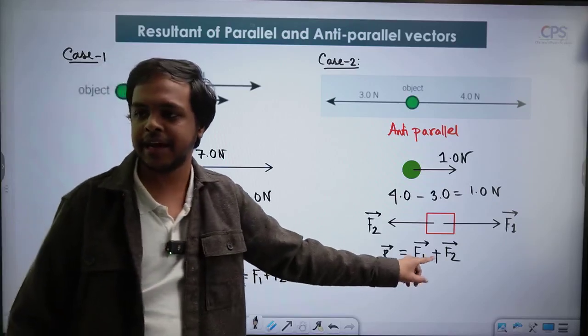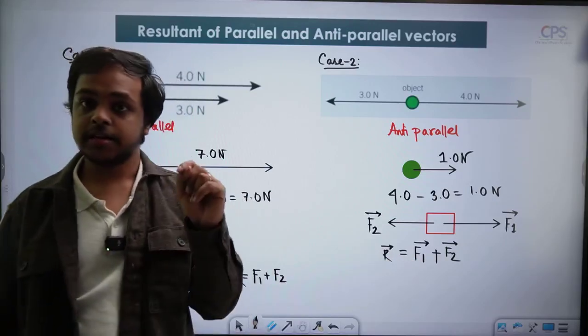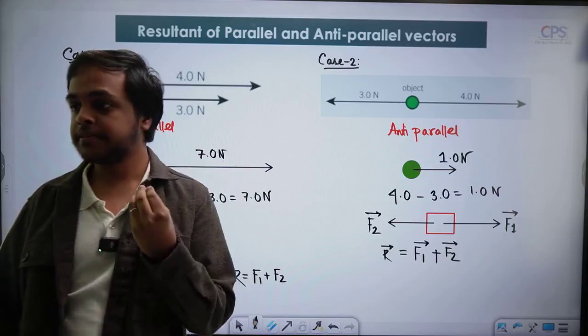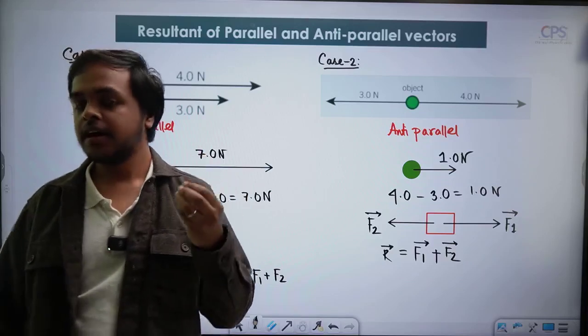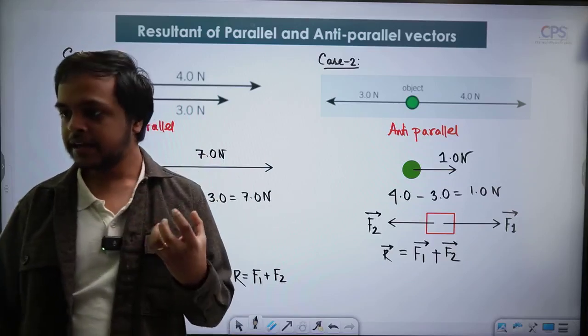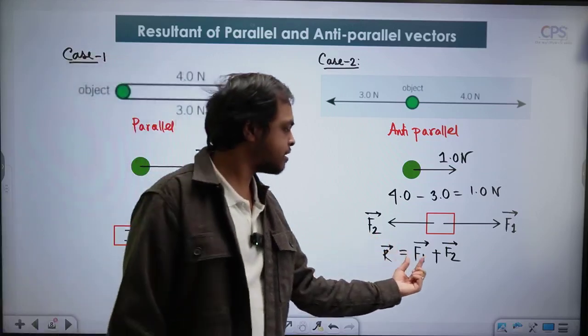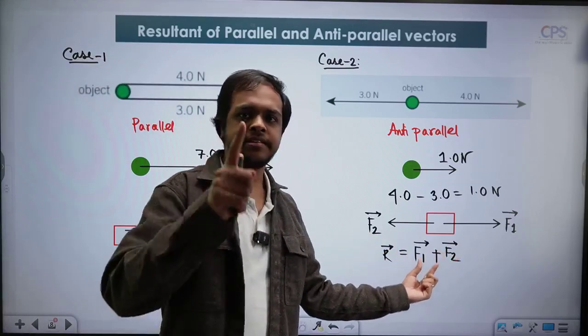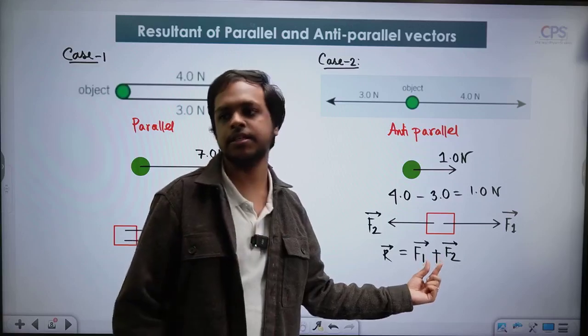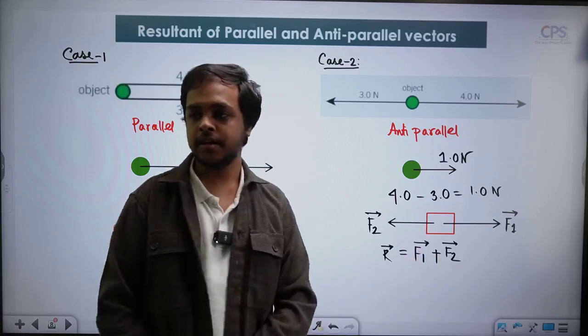Don't think it will have a minus here. What nature is telling you is that you will get a resultant from F1 and F2. A resultant means what? Plus, summation. So you'll get a summation.